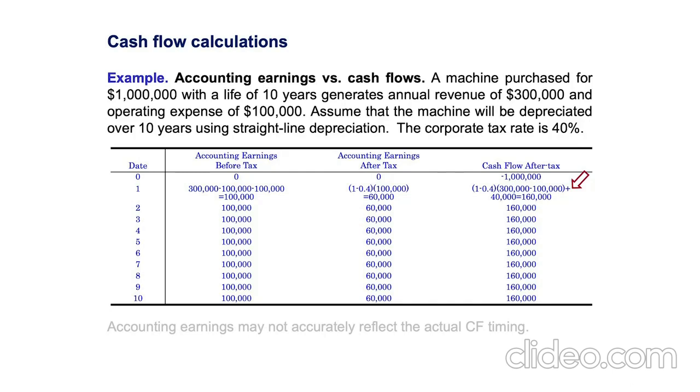It is obvious that the actual after-tax cash flow is quite different from the after-tax accounting earnings. This could be substantial. In fact, no matter what discount rate we use, the discounted value for all accounting earnings will always be positive. This is because accounting earnings are positive for all years, 60,000 every year.